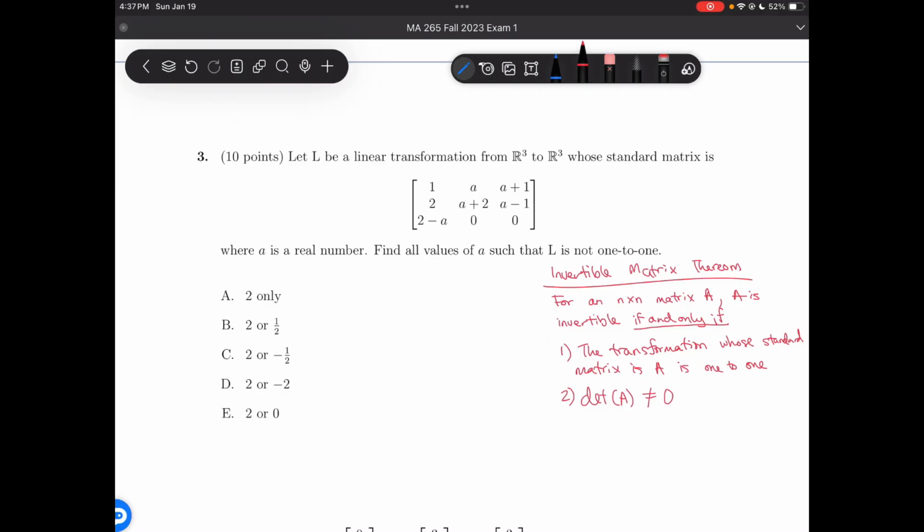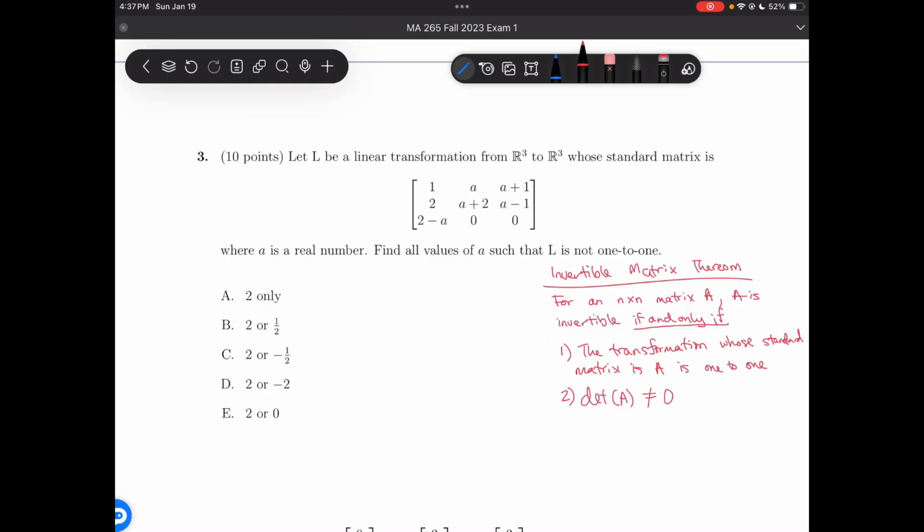So what this means essentially is that if I want to prove something like L is not 1-to-1, instead of working through how to show that relationship, I can find an equivalent statement, which in this case is determinant of A equals 0, and prove that instead. So using the invertible matrix theorem, I can simplify the problem I want to solve a little bit.